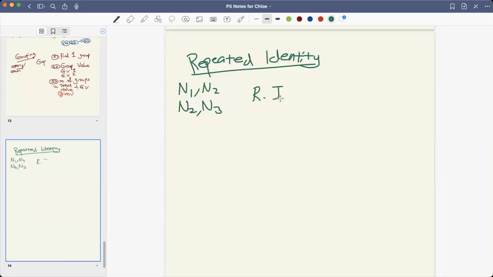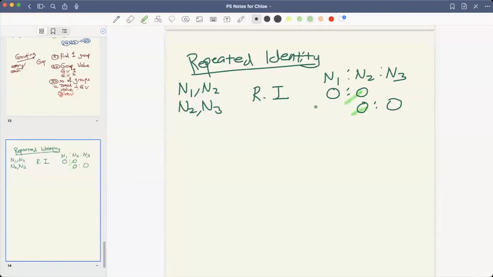RI. So you have name 1 is to name 2 is to name 3. Write the ratio. This must be made the same.